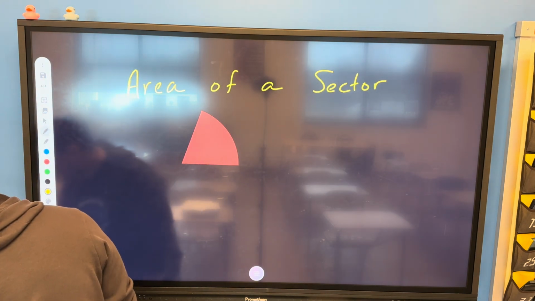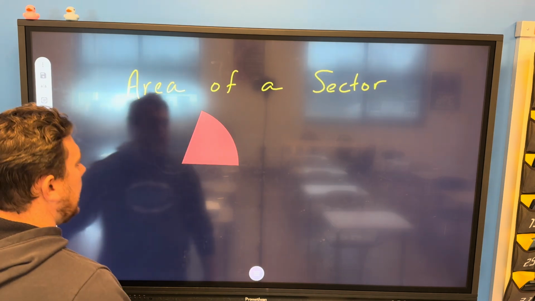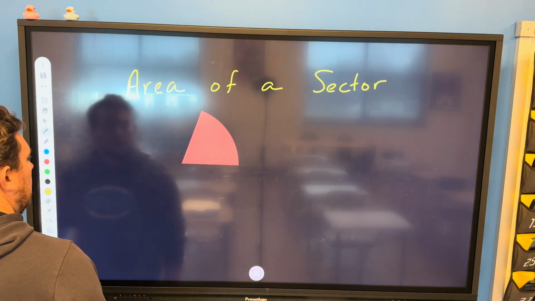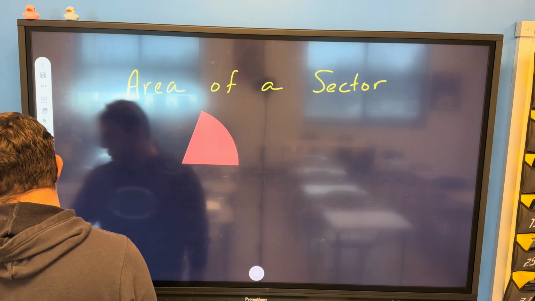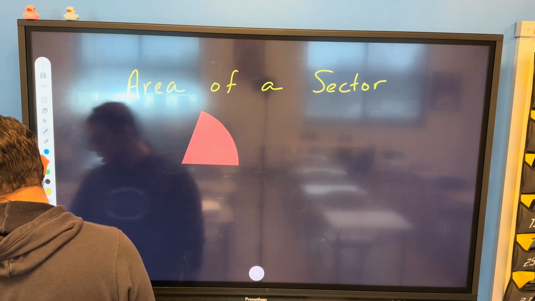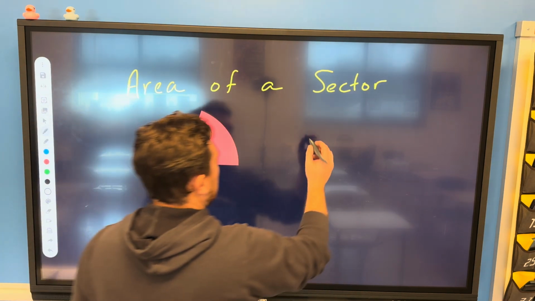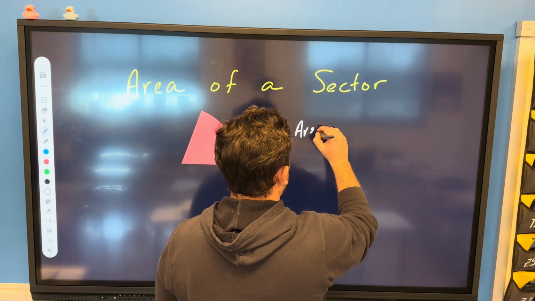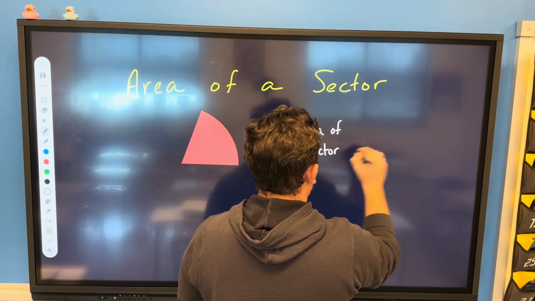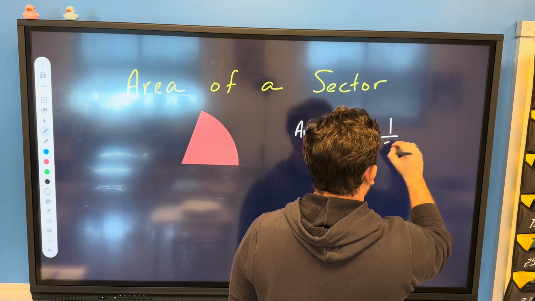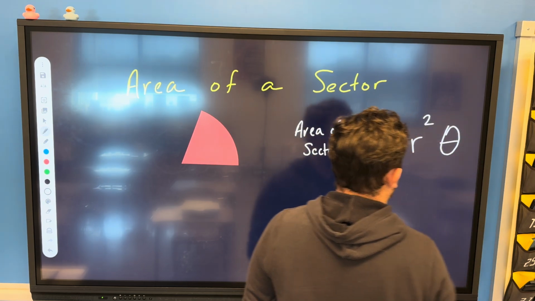Our formula for that is going to be 1/2 times the radius squared times the degree. So the area of a sector is equal to 1/2 the radius squared times the degree.